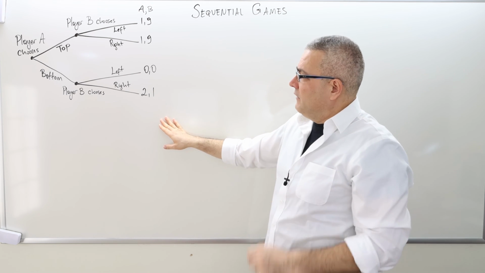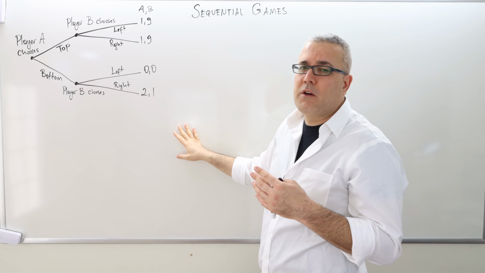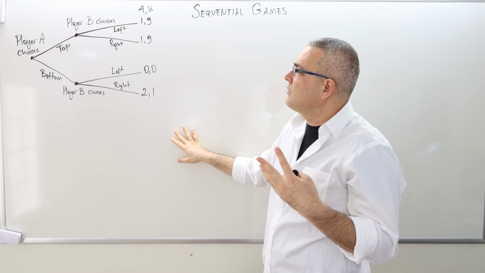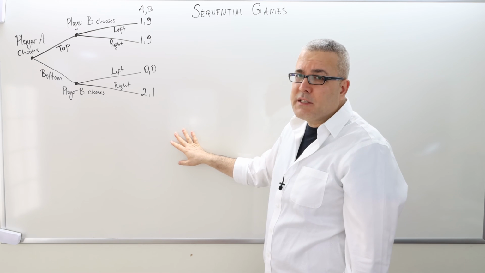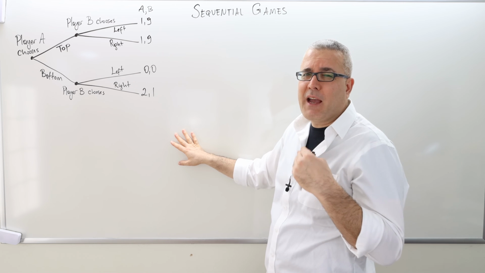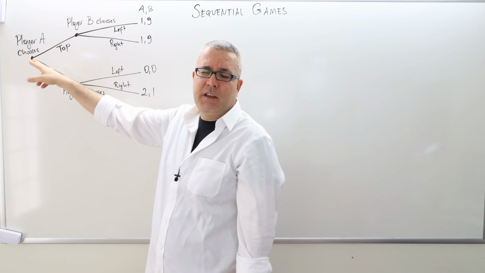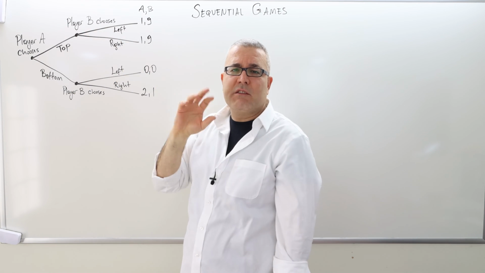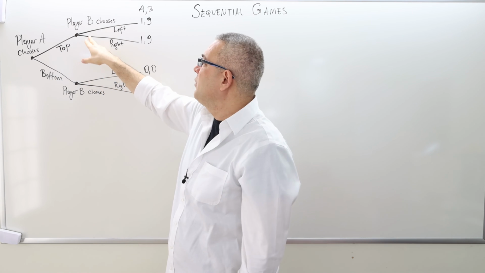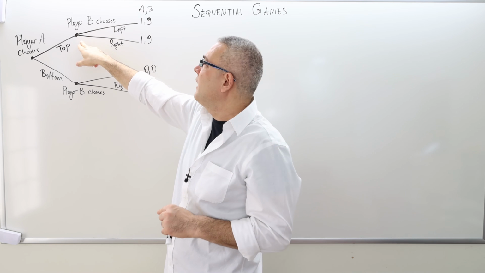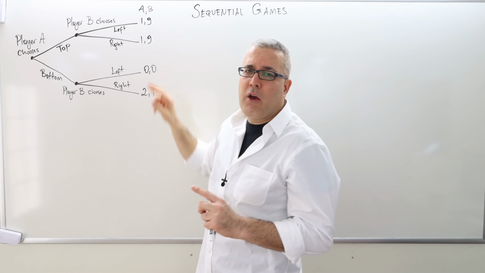Given that, think about this game. Pause the video for a moment, if you like, and think to yourself, what would you choose? Here's how we use the concept of backward induction. Player A knows that her opponent, player B, is a rational person. If player A chooses top, player B will make a left or right decision, but in either case, she's going to get a payoff of 9.